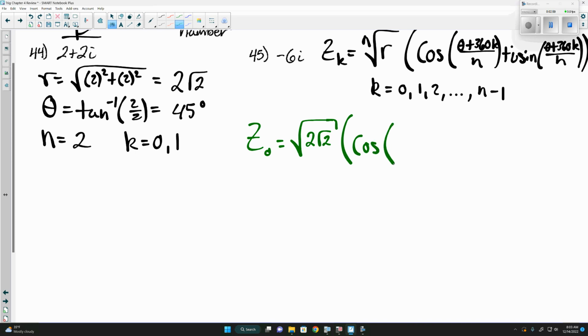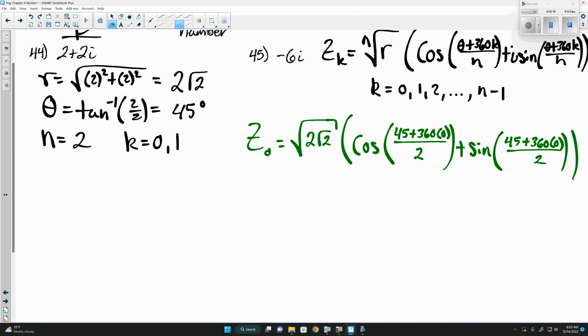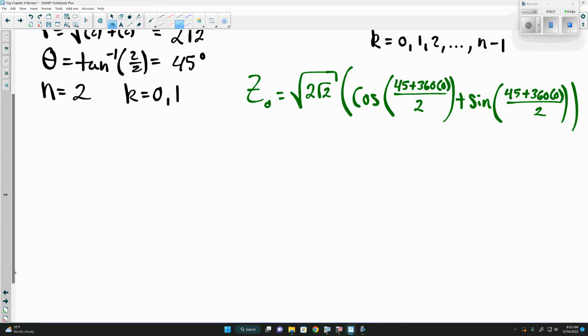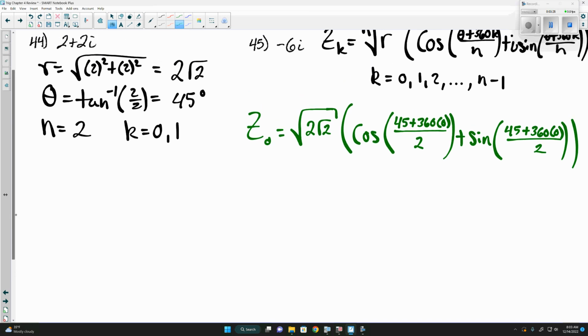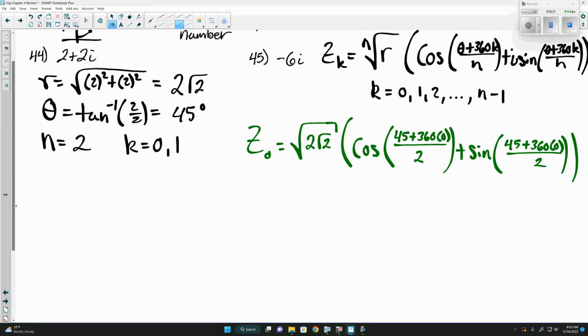Cosine of theta is 45 plus 360 times 0 all over 2 plus sine of 45 plus 360 times 0 over 2. We have this here. Now square root of 2 square root of 2 is not something that's going to be easily simplified.